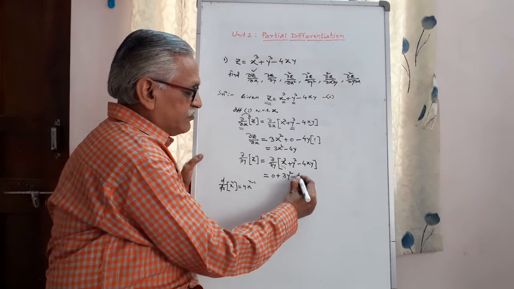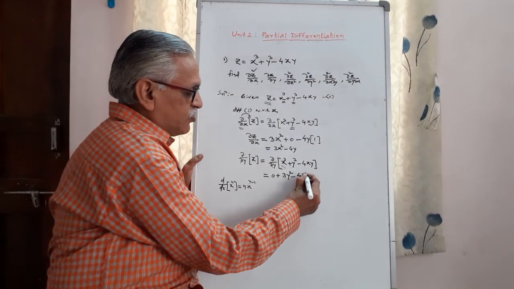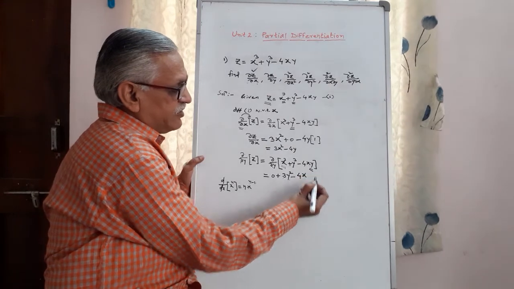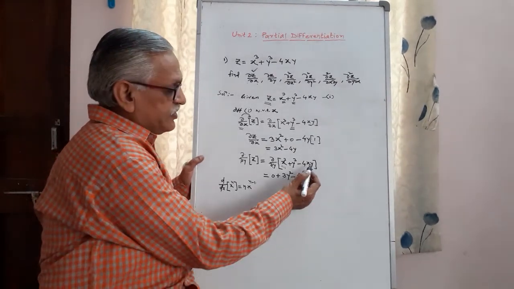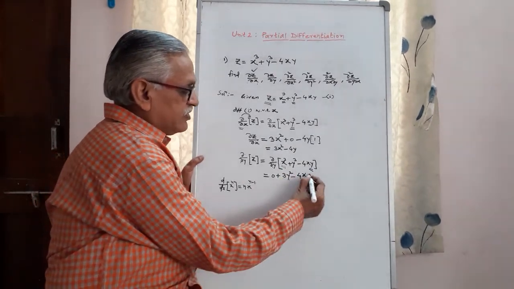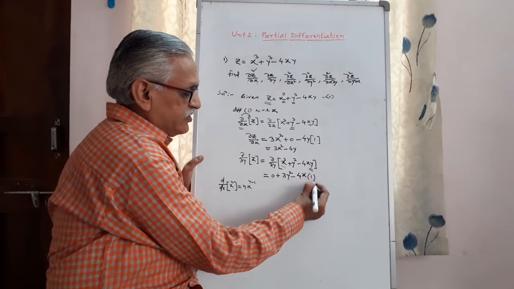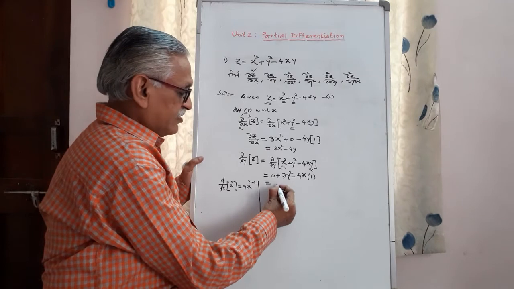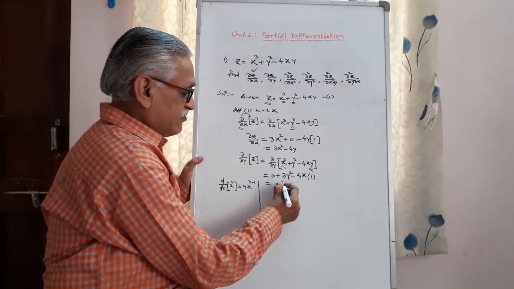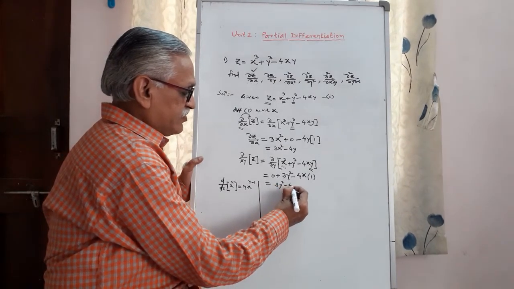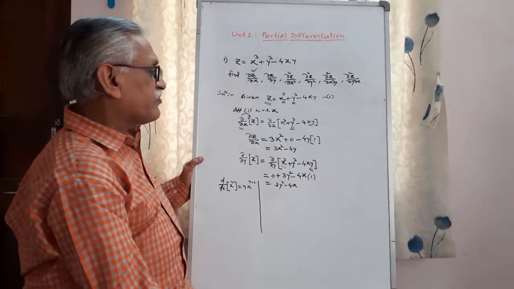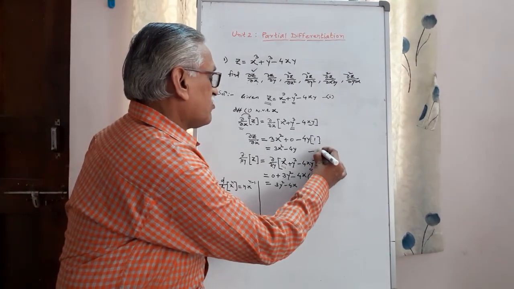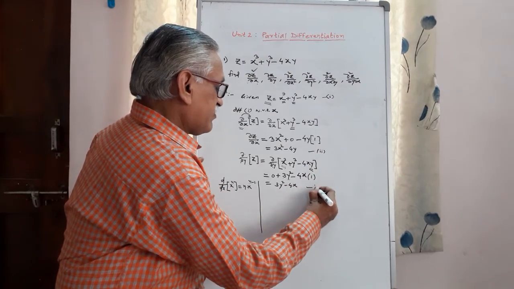Therefore, 4 is constant, x is constant. I will take it outside. Then whatever the remaining term y, differentiate that y with respect to y. The derivative of y with respect to y is 1, and therefore the result is 3y square minus 4x. Okay, equation 2, equation 3.